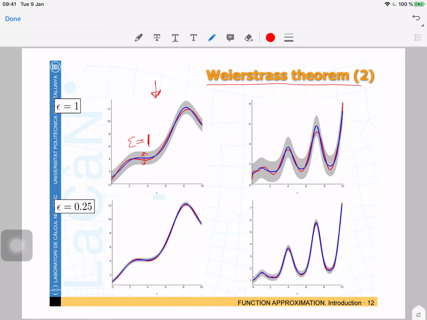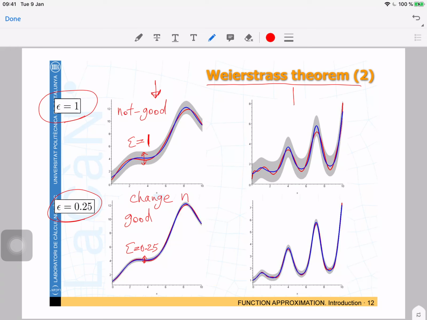So we can say that this is not good. But by changing n, which is the polynomial degree, you can obtain a much better approximation. In this case, the distance between the approximation and function is always less than 0.25, which is a smaller number than 1. So in this case, we can say that this is a good approximation. So basically this epsilon shows the goodness of our approximation.